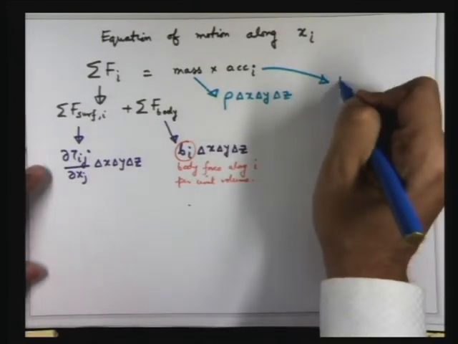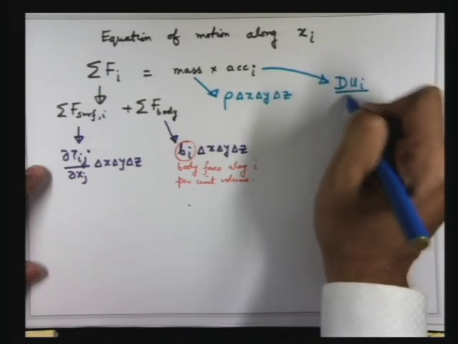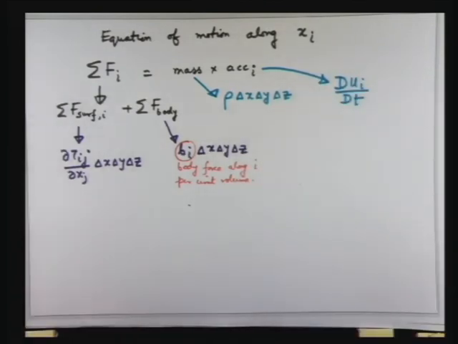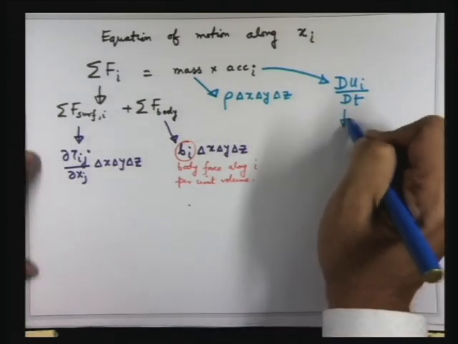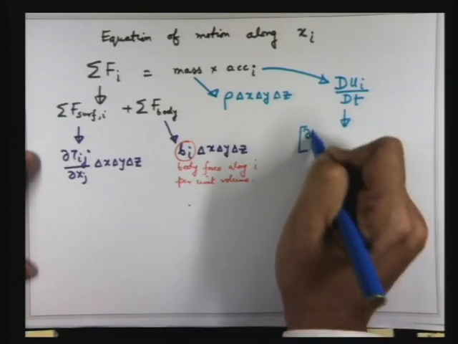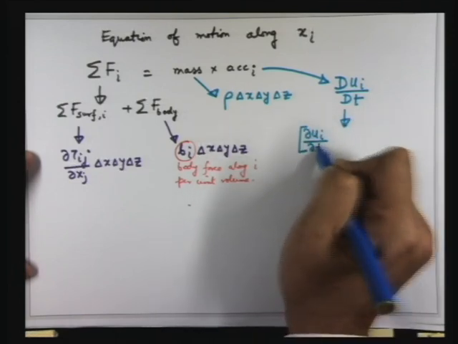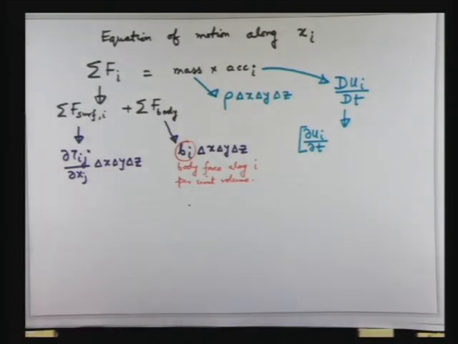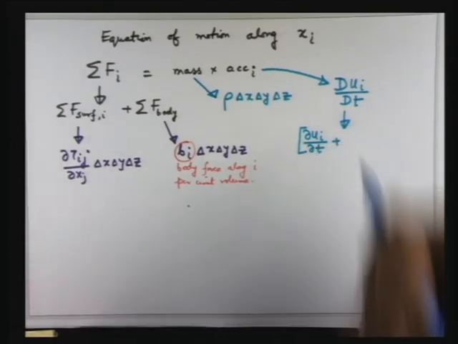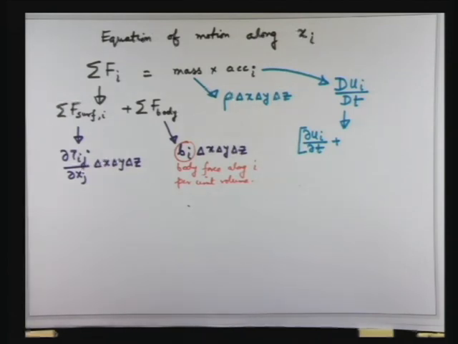So in short notation dui dt, but let us write it in more expanded form. Del ui del t plus, what are the three terms like? Let us imagine that term in the standard notation and then we will write in the index notation. u del u del x plus v del u del y plus w del u del z.